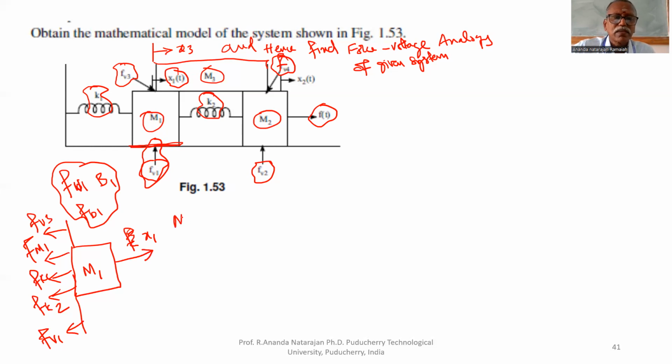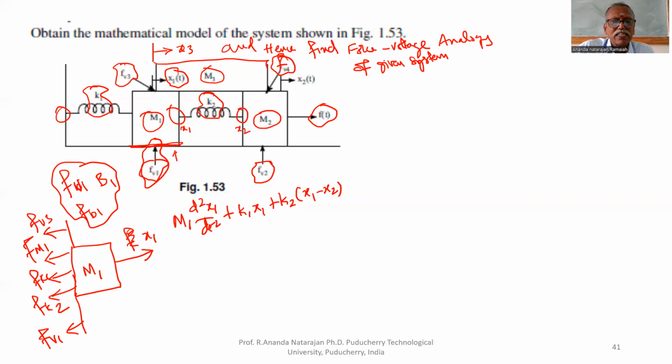Fm1 is M1 d square x1 by dt square plus Fk1. One end is fixed, therefore K1 x1, plus K2, both ends are free. Displacement at this end is x1, displacement at this end is x2. We are writing in terms of M1, therefore K2 multiplied by (x1 minus x2). Here, the friction is between the floor and the mass M1.